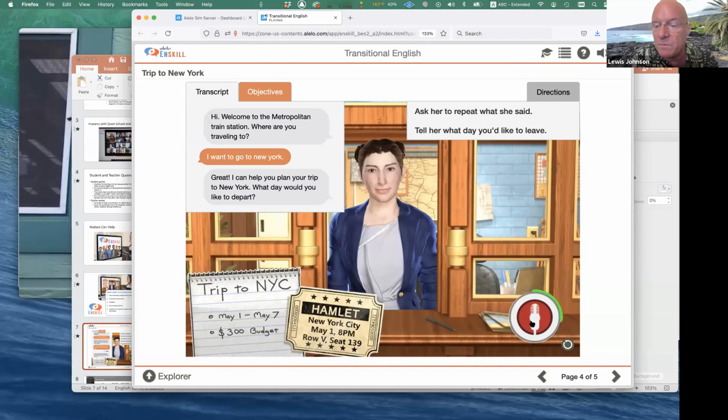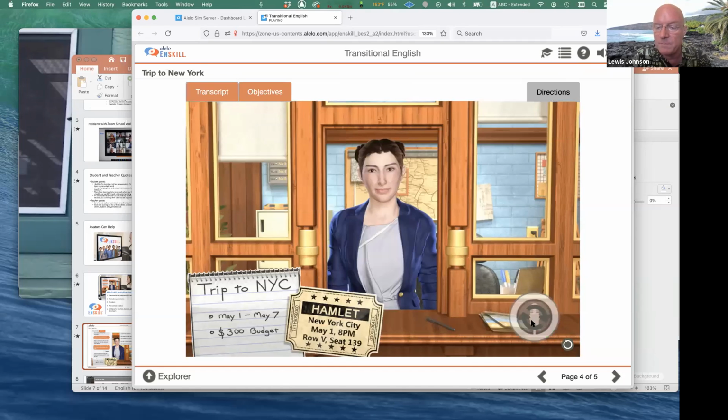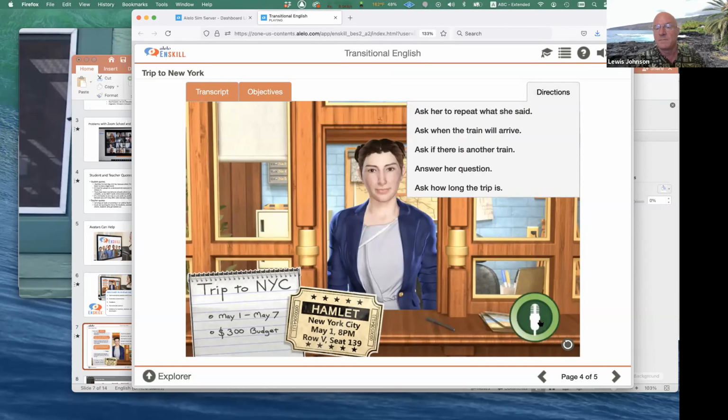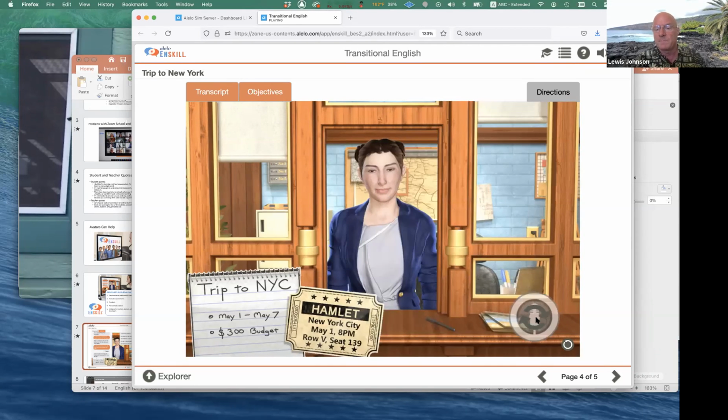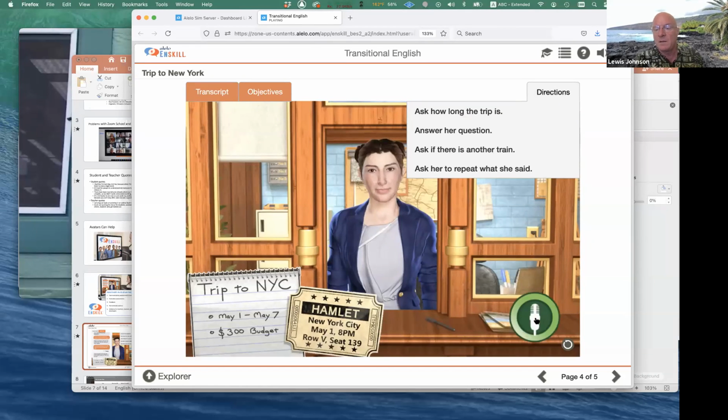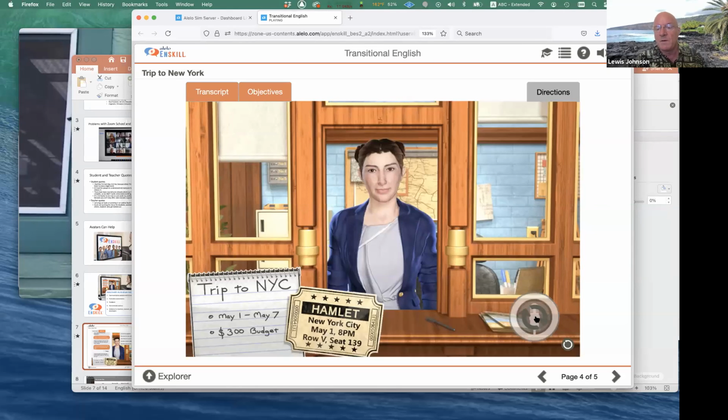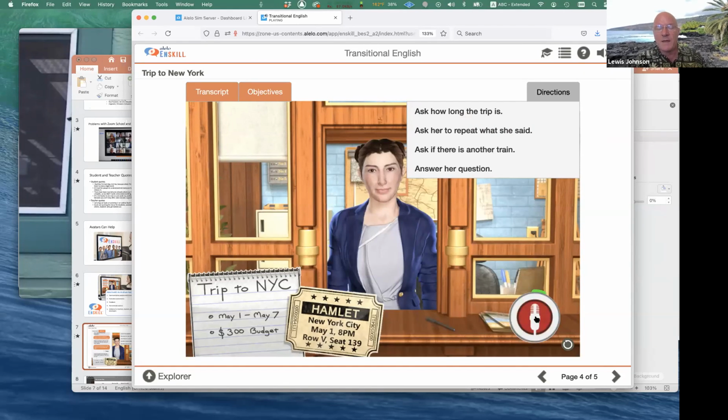I'd like to travel on May 1st, please. I have a couple of trains that day. Does the train leaving at 2 p.m. work for you? Possibly. When does that train arrive? The train will arrive at 10 p.m. No, that train's too late.